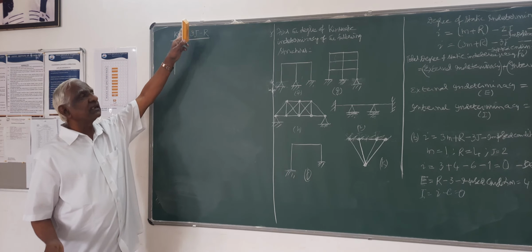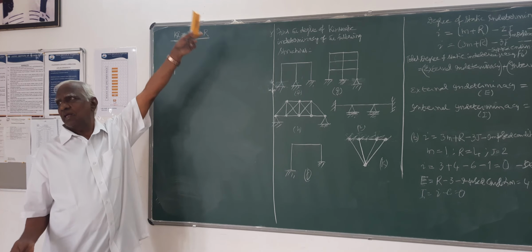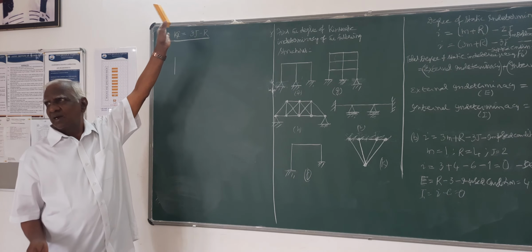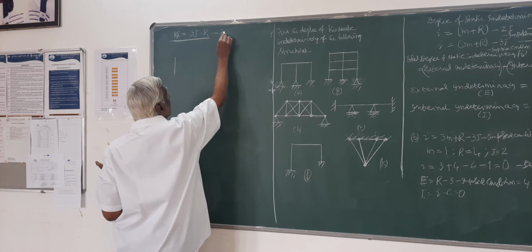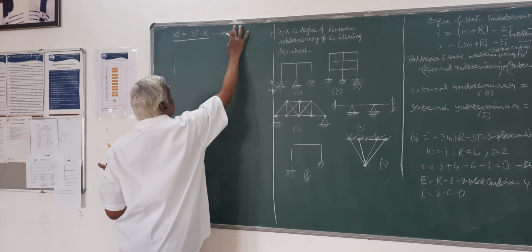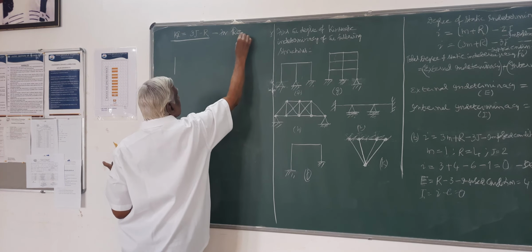So 3j minus r will be the unknown displacements in the entire structure. This is for rigid frames.